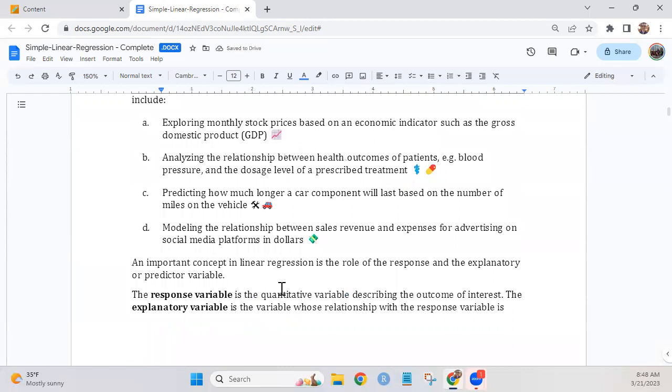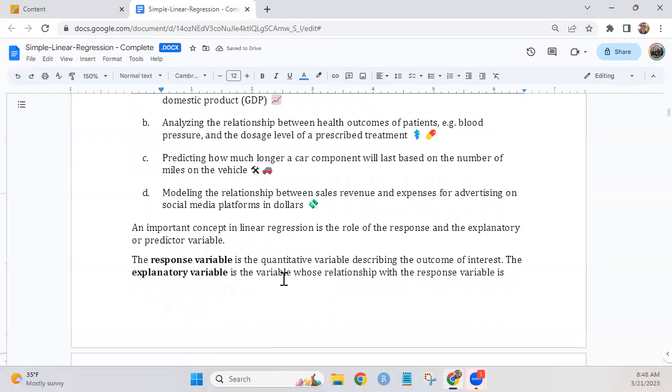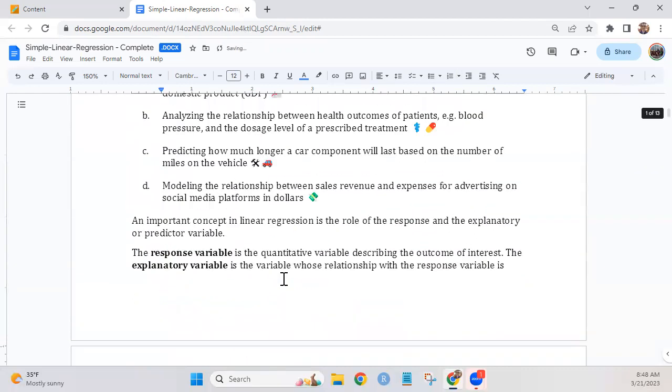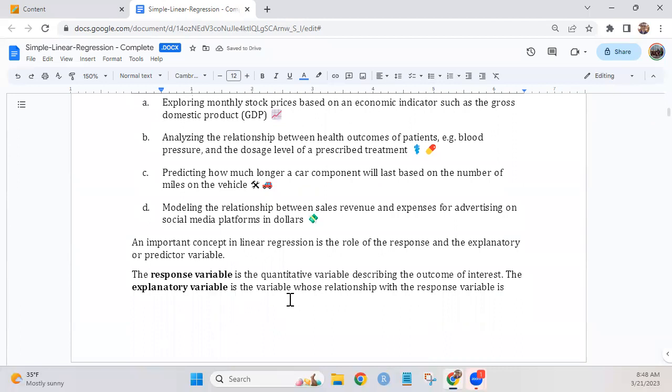All right, and then the last one. What would be our outcome of interest there? Yeah, sales revenue. And I think we said in dollars. And then how much we spend on social media advertising, right?